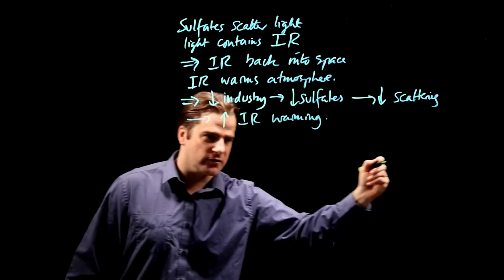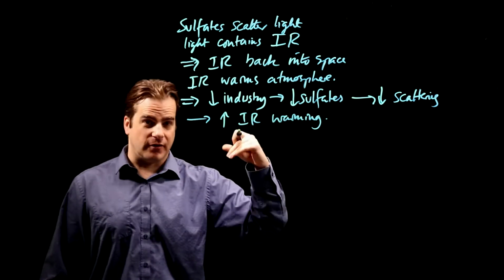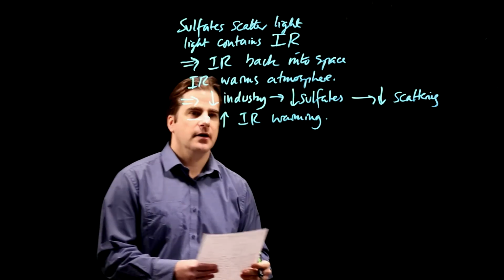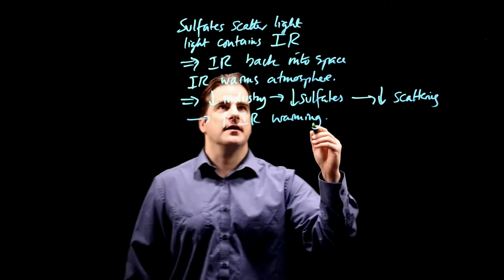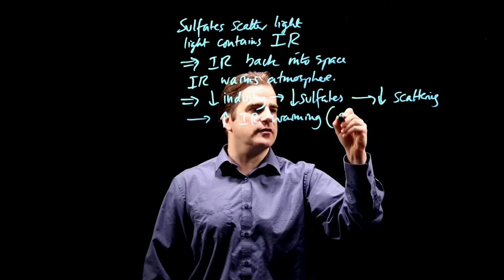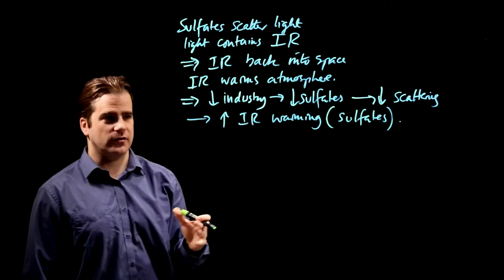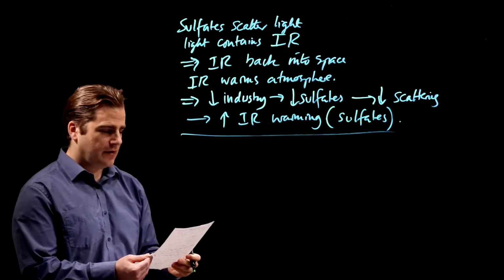And you've got to write full sentences, okay? I'm doing this because we'd be here forever if I wrote the full sentences. Okay. So, leads to maybe an increase in IR warming. This is only sulfates though, due to sulfates. We haven't talked about soot yet. We'll do that now.